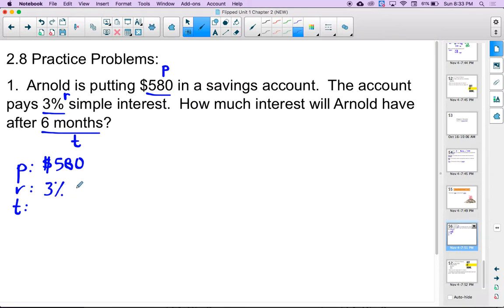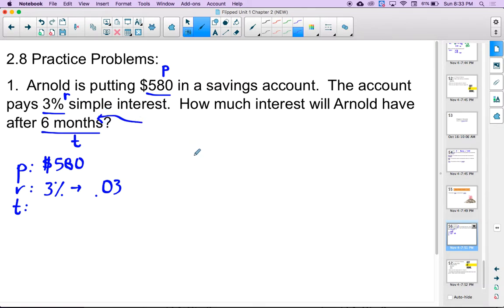Now, the reason I like to write this down is because we need to change that rate to a decimal right away. Remember, you cannot multiply with numbers in percent form, so we're going to do D2P and change it to a decimal. T is the time. Remember, time is measured in years, but here they're giving us months.